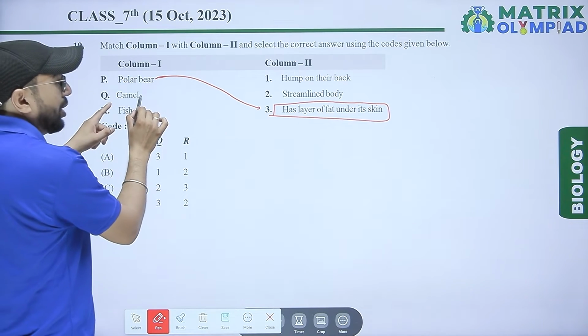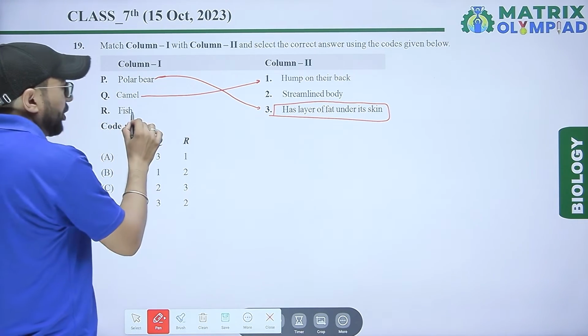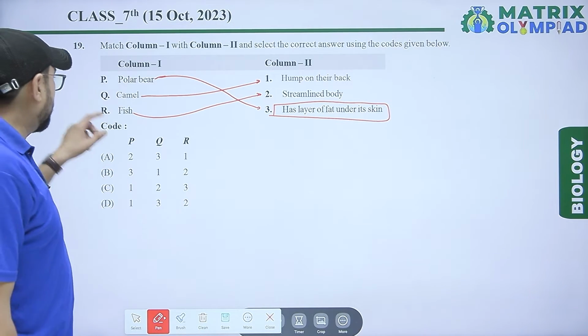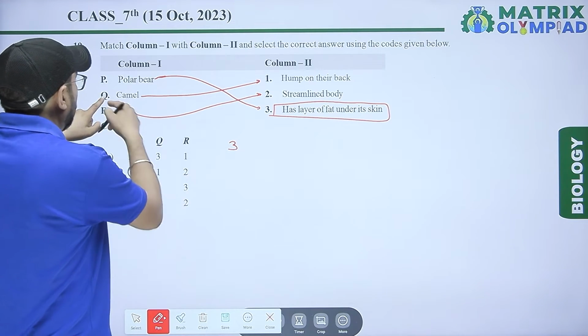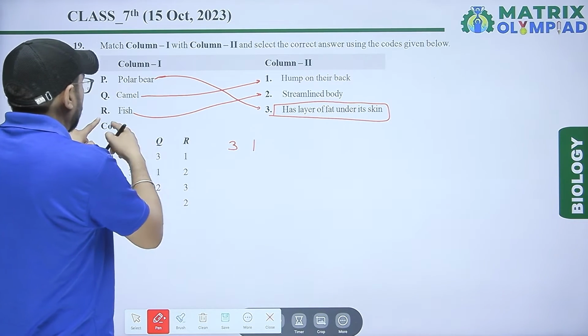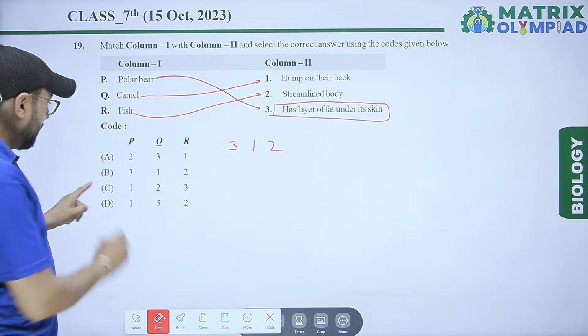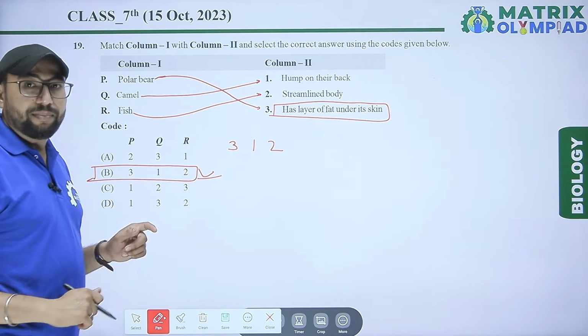Camel hump on their back. And fish body streamline structure. So right answer: P third, Q first, R second. 3 1 2. Option B is the right answer for the given column.